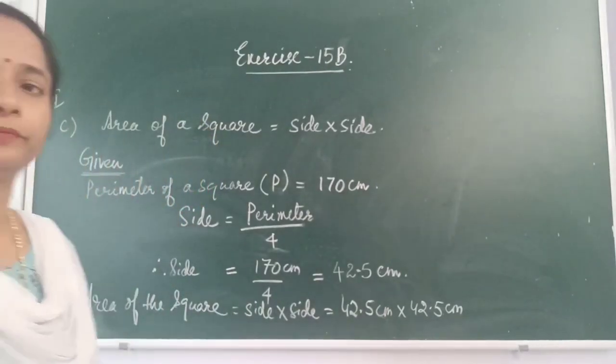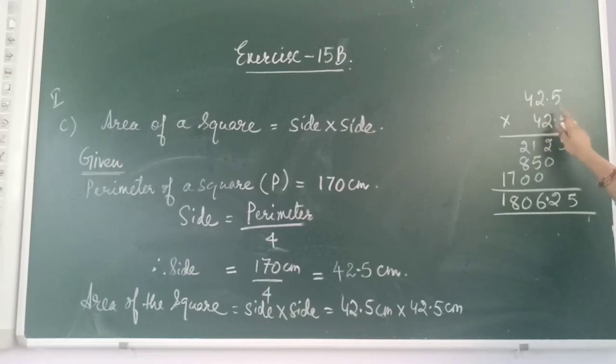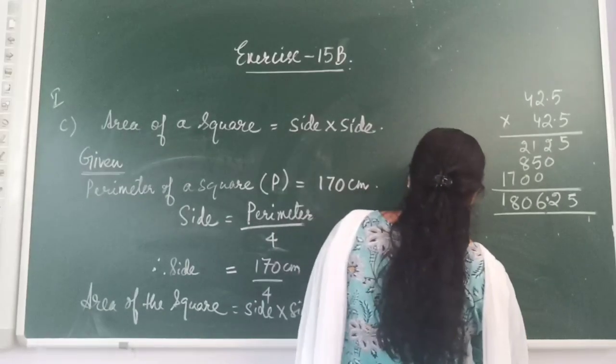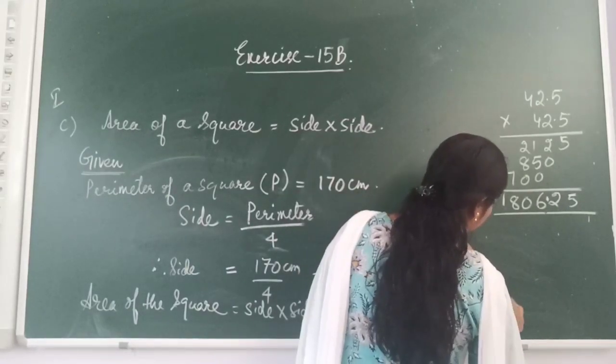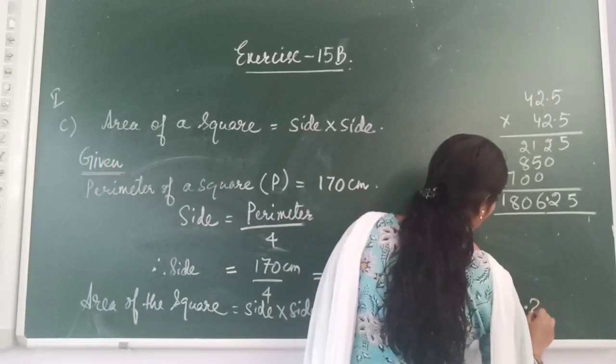By finding the product of 42.5 by 42.5, we get 1806.25.